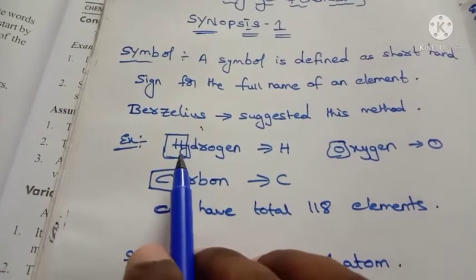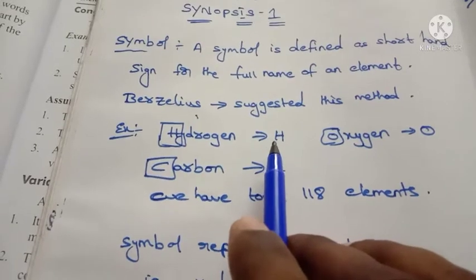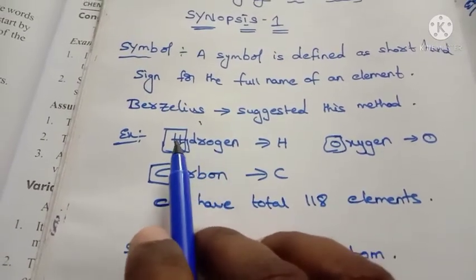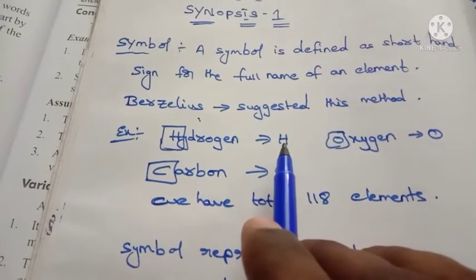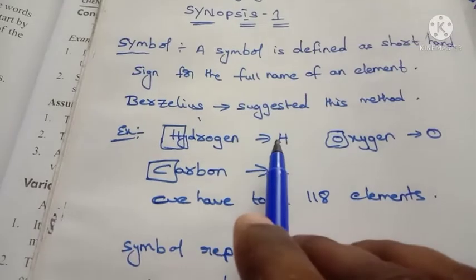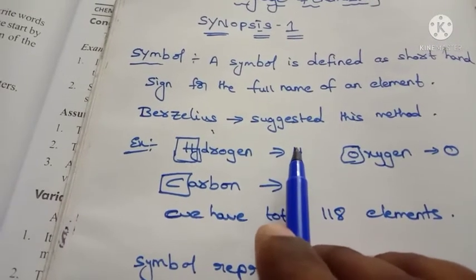See here examples. Hydrogen, how is it shown? H. So using English alphabet letters, he suggested this method, that is a shorthand sign for the full name of an element.